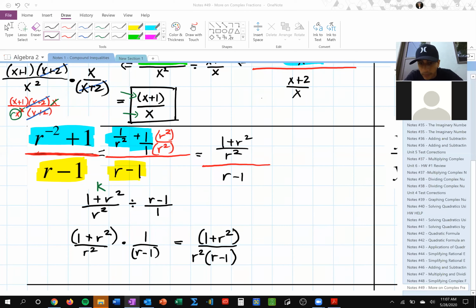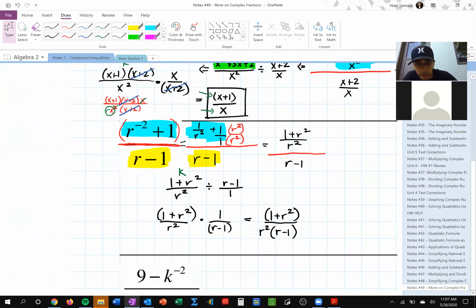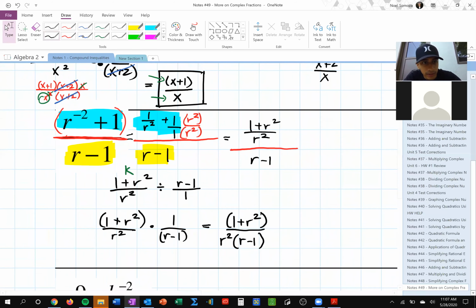Okay, here's the difference. Here's why you could not send it to the denominator. Just like I kept 1 plus r squared at the end in parentheses, I want you to think, what if I would have put parentheses here around this initially, right? What would happen? Okay, so typically what you've seen before in like Algebra 1 is you may have seen things like this.